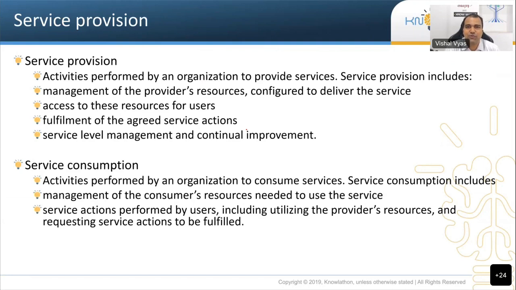You will get a SIM card, but is the telecom company responsible to ensure that you have a mobile phone and have it charged? No. It's your job, right? If you have to consume a telecom service, you have to do some actions. You have to buy a mobile phone, keep it charged, insert the SIM card in the proper way, and so on. So, service actions performed by users, including utilizing providers' resources and requesting service actions to be fulfilled.